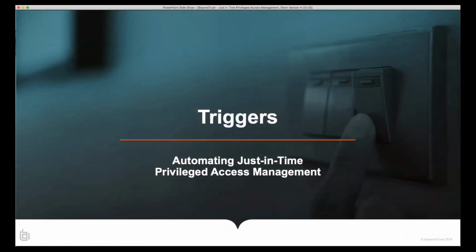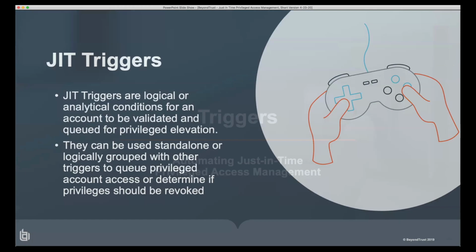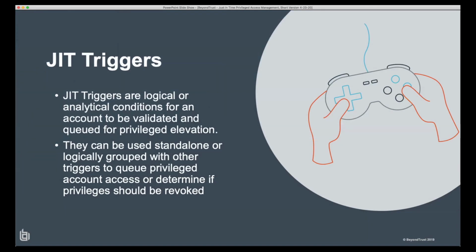The first portion, triggers, is deciding what logical or analytical conditions must be met in order to grant the proper rights. Not the technique, that's the method. What logical conditions are you going to satisfy to say this identity needs privileges, and once I can prove that's been met, I'm going to grant them.